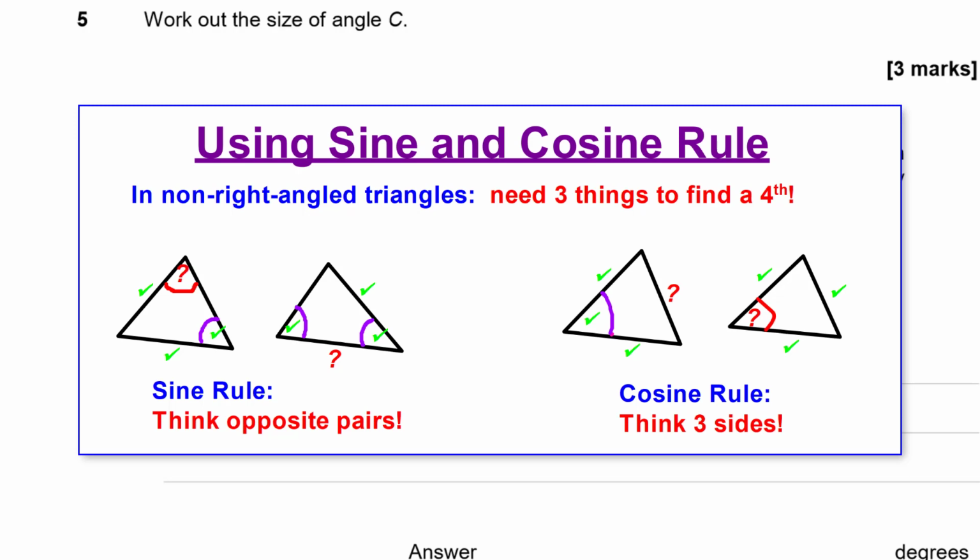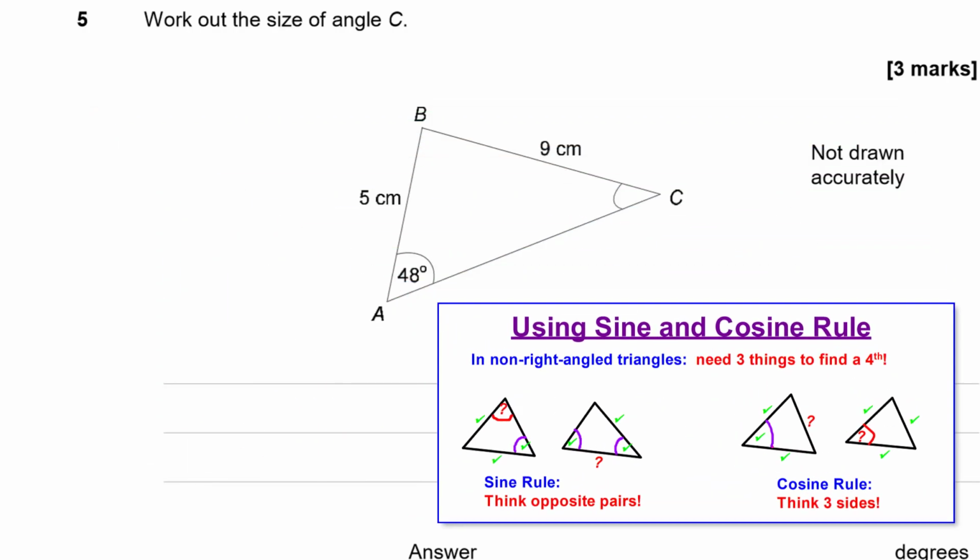So one side matching with its angle and another side matching with the angle that you want to find, or the other way around. The cosine rule is about either that you have 3 sides given and you want an angle, or you've been given 2 sides and the included angle and you want to find the 3rd side. That would mean that you would use the cosine rule.